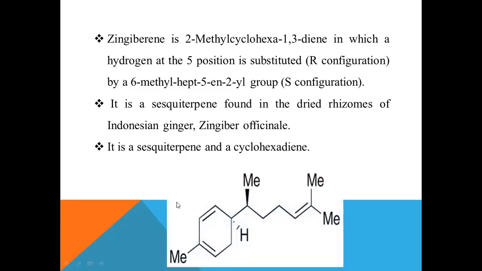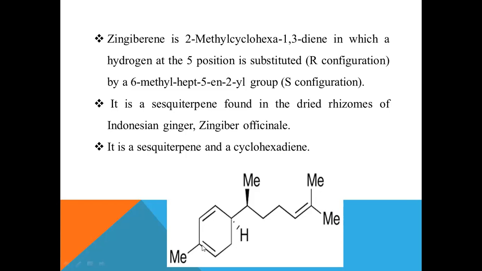Now coming to the structure, we have seen that gingiberine is 2-methylcyclohexa-1,3-diene. Here, if you see the cyclohexane ring, this is cyclohexa and it has a methyl group in the second position. If this is the first carbon, the second position is carrying a methyl group.